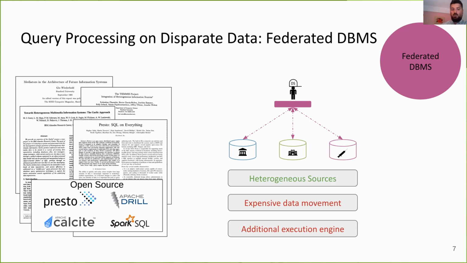For example, Presto or Trino, Apache Drill, Calcite, etc., are all based on these principles. What happens there is that we have centralized query processing, which means that data is pulled from the sources to a mediating engine, which needs additional resources. And this pulling of the data results in expensive data movement. So this is not exactly what we want.